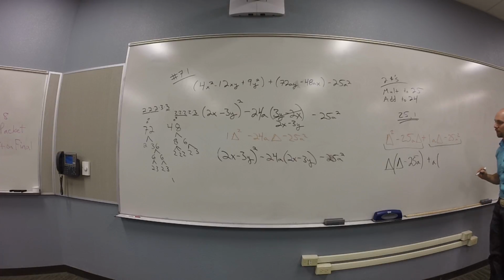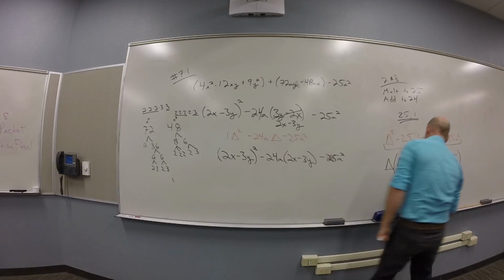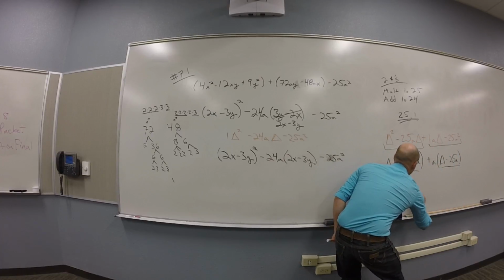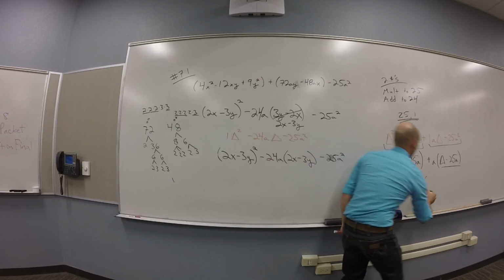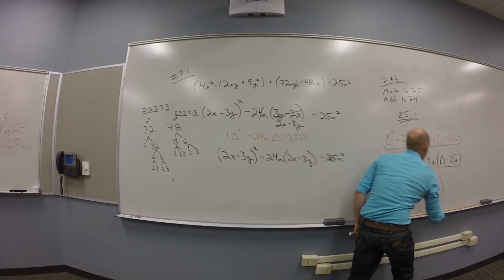And what am I left with? Triangle minus 25a. So now I can factor this stuff out, my triangle minus 25a, and I can rewrite this thing as triangle minus 25a times triangle plus a. Okay, awesome.